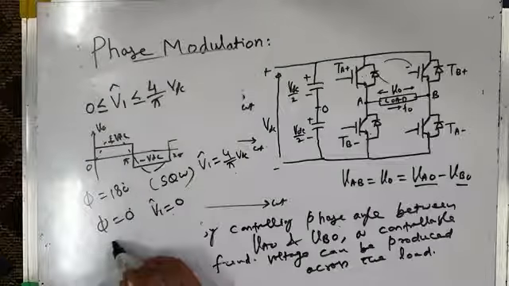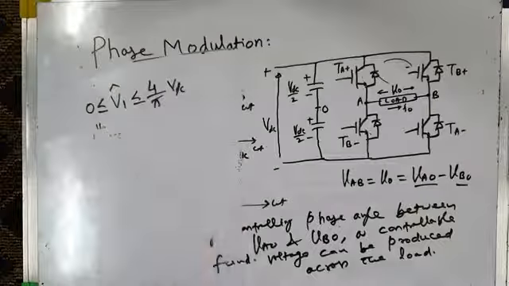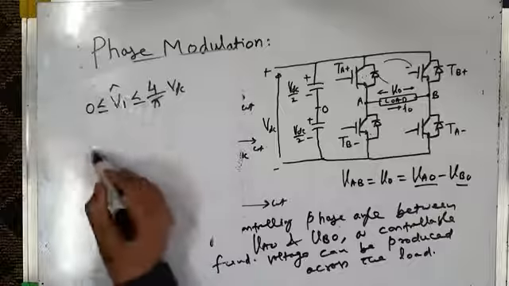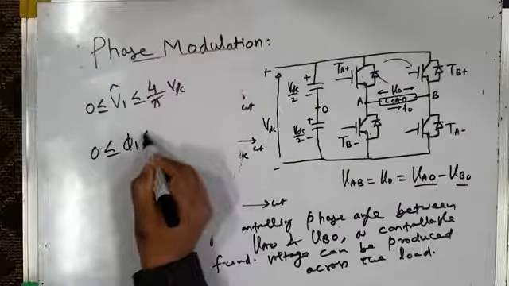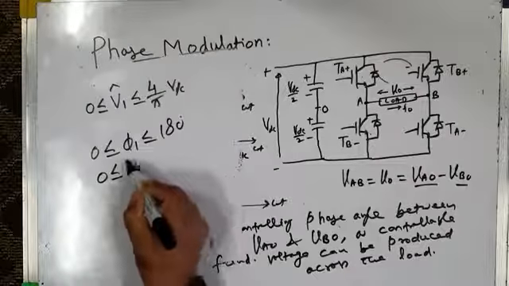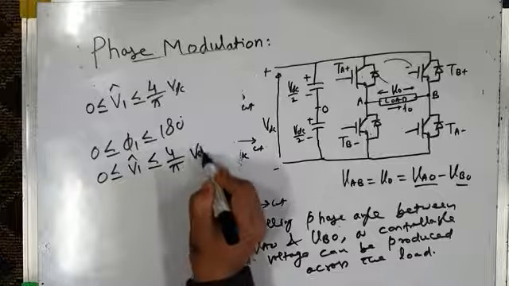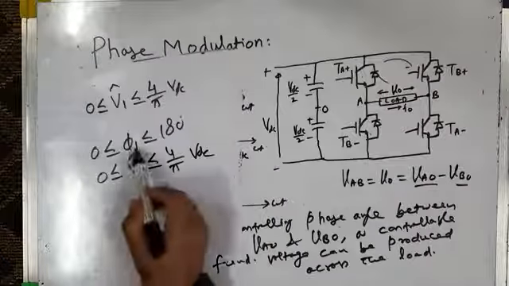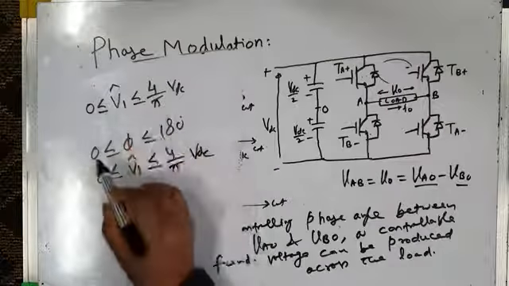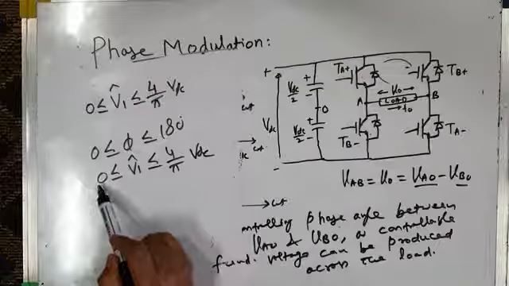So by varying phi from 0 to 180 degrees, the peak value of the fundamental component of output voltage varies from 0 to 4 by pi VDC.